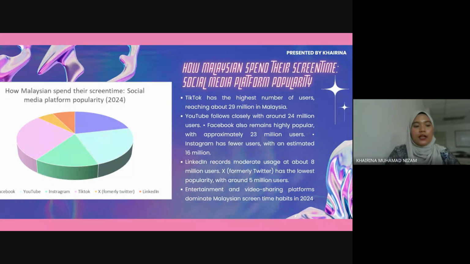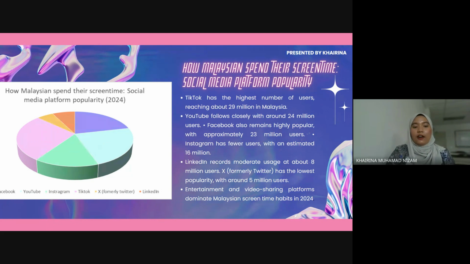Instagram is still quite popular but has a noticeably smaller user base with around 19 million users. On the other hand, LinkedIn and X, formerly known as Twitter, show much lower numbers with about 8 million and 5 million users respectively.